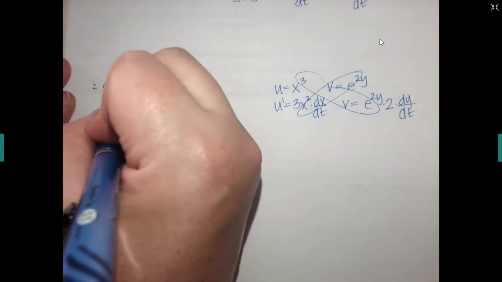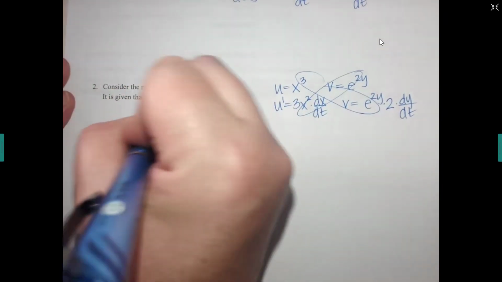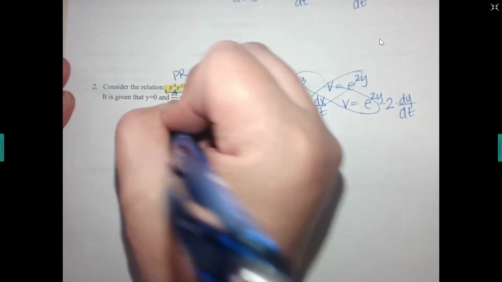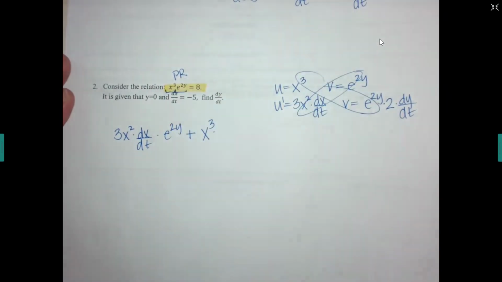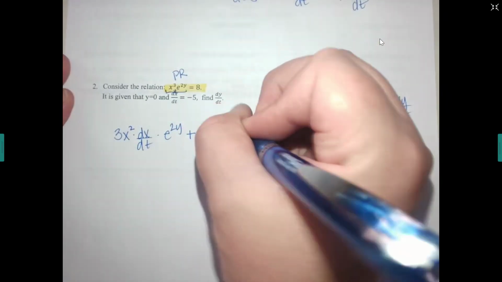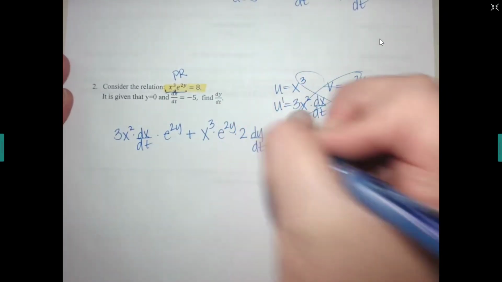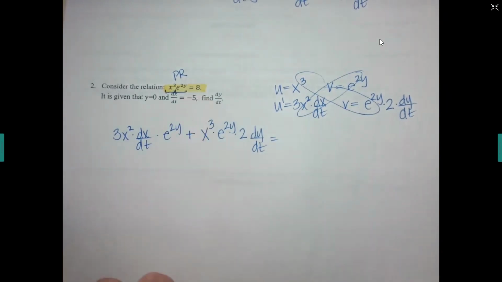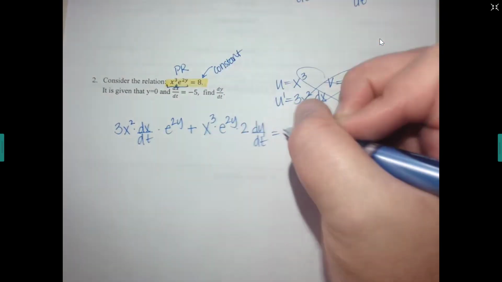So it'd be a 3x squared dx/dt times an e to the 2y, plus x cubed e to the 2y times 2 dy/dt. Now, on the other side, you'll notice that you just had an 8. So since 8 is a constant, the derivative for that would still go to 0.